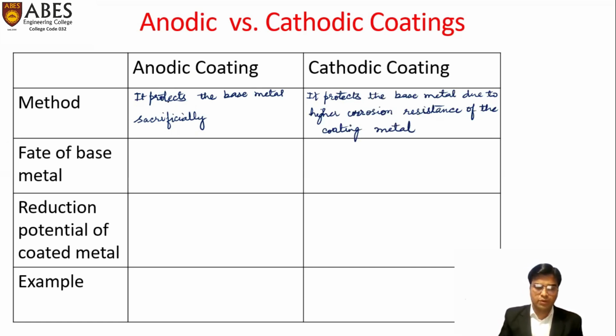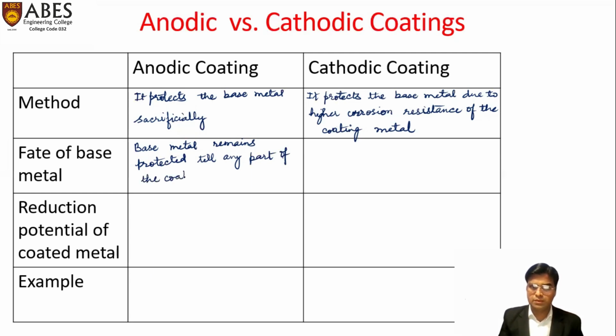Now, in case of anodic coating, if any kind of crack or pore appears, then even in the presence of crack or pore, the base metal remains protected. So we can write here, base metal remains protected till any part of the coating is available.